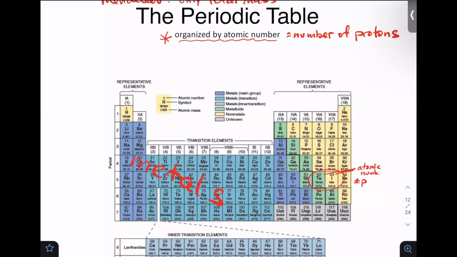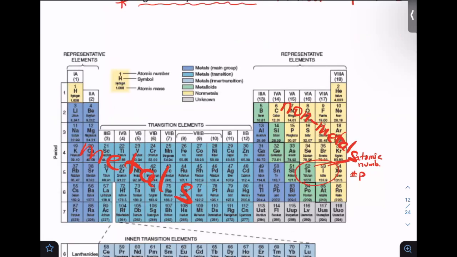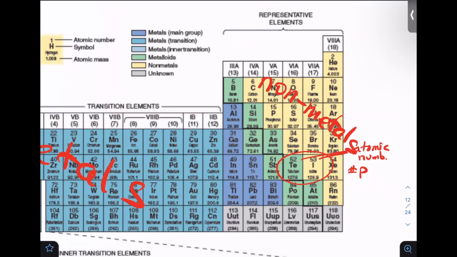Everything over here in yellow are the non-metals. And then this little staircase here in green is a special category of elements that have characteristics that are in between metals and non-metals. So we creatively call these the metalloids.